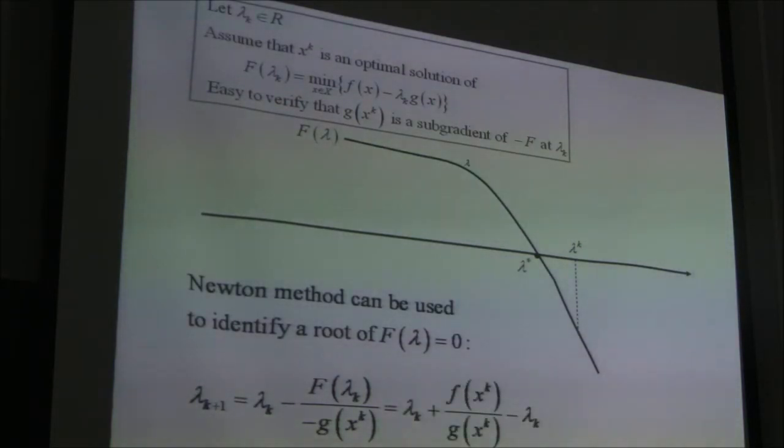Making the substitution, the terms simplify, and then we easily get the value of lambda k plus 1. So you see the procedure is quite simple to implement. At each iteration, you have to solve the associated problem, which does not include the ratio of the two functions.